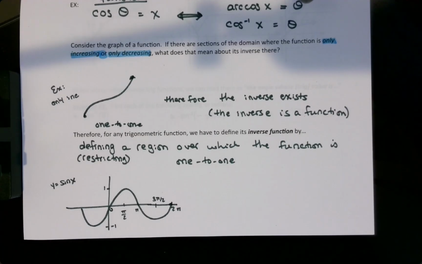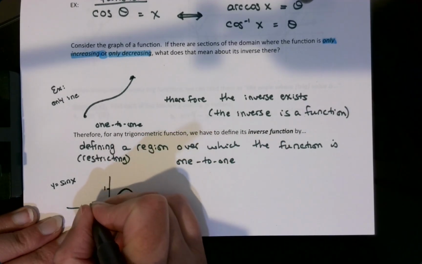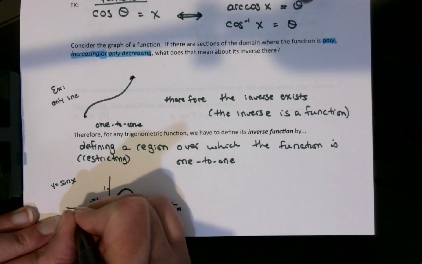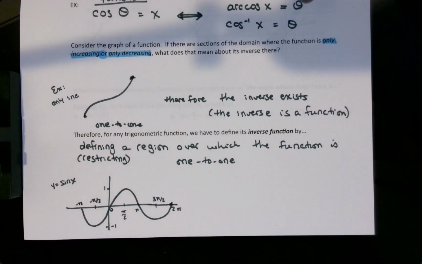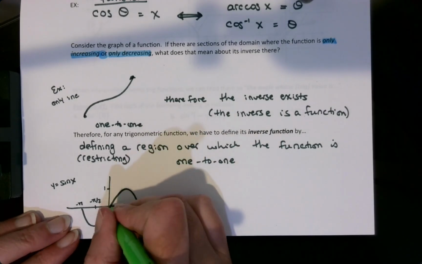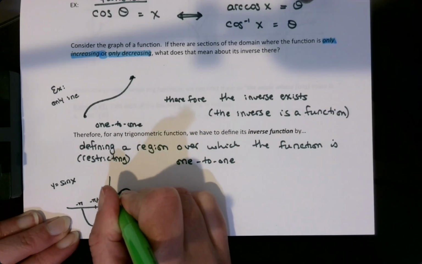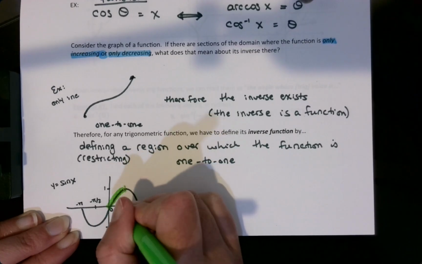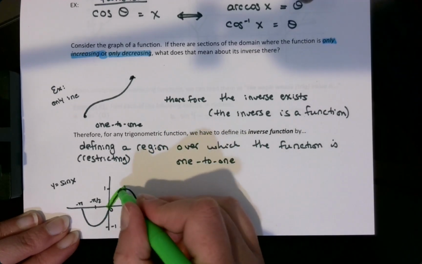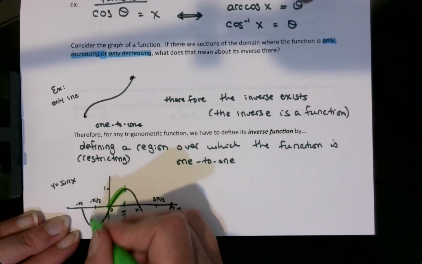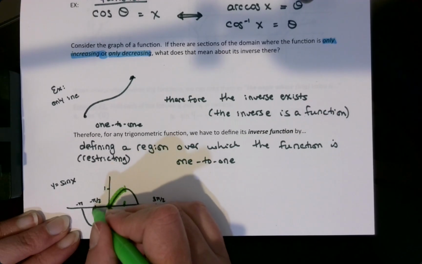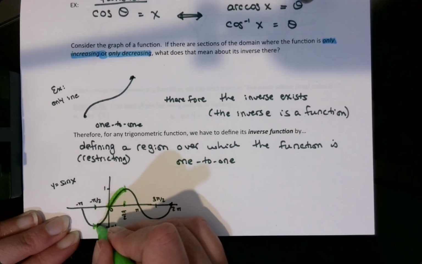If I wanted to find, let me label a couple more back here. This would be negative pi halves and negative pi. If I wanted to find a region over which this function was strictly increasing, I could start at 0, and I could think it's strictly increasing up until it gets to pi halves, but then it does begin decreasing. But also, that increase starts back here at negative pi halves.